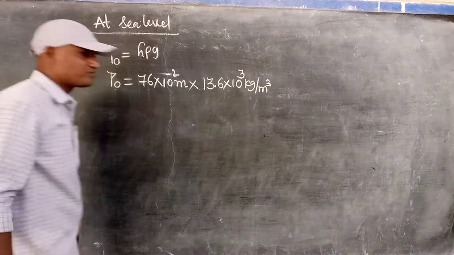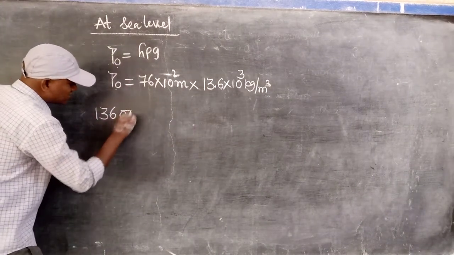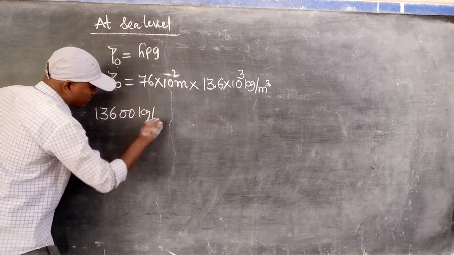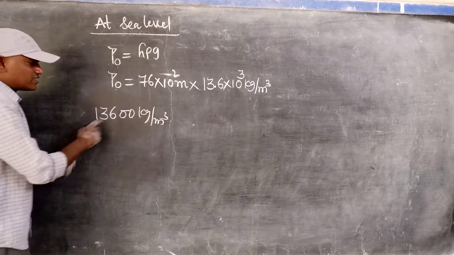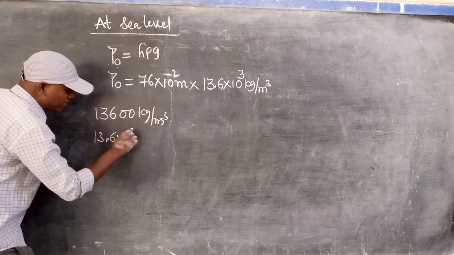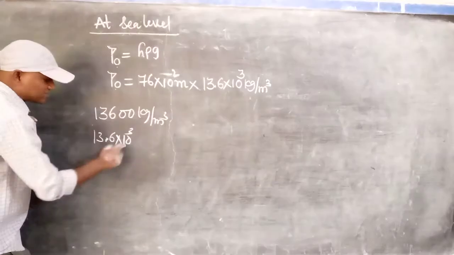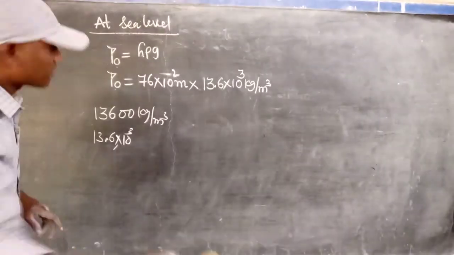Listen very carefully. After 3 digits we put the decimal, that's why 10 power 3 kilogram per meter cube.